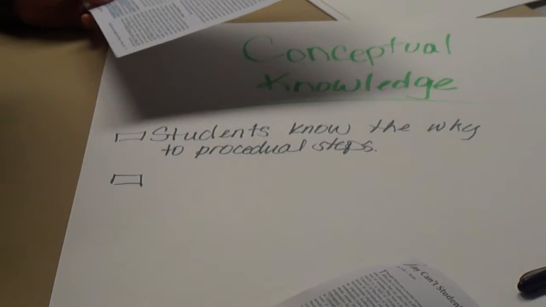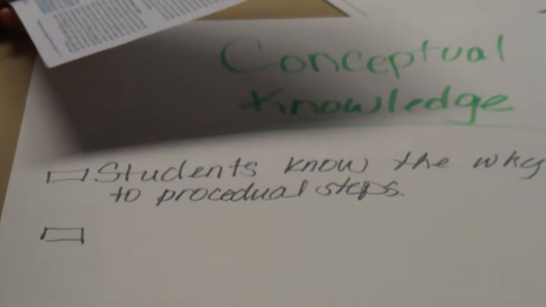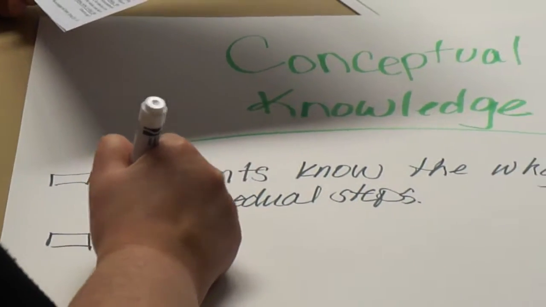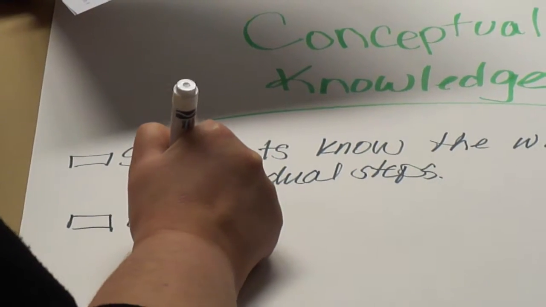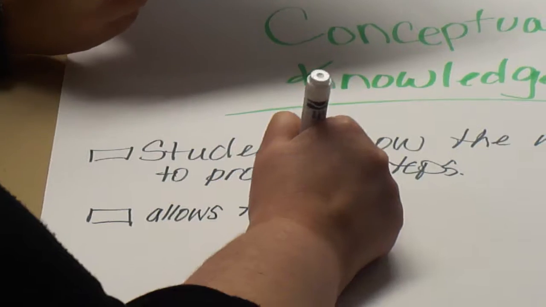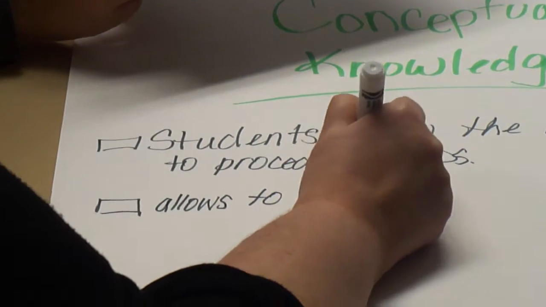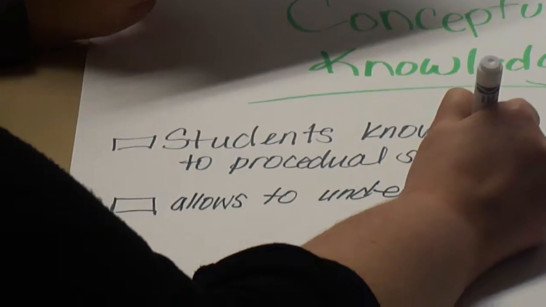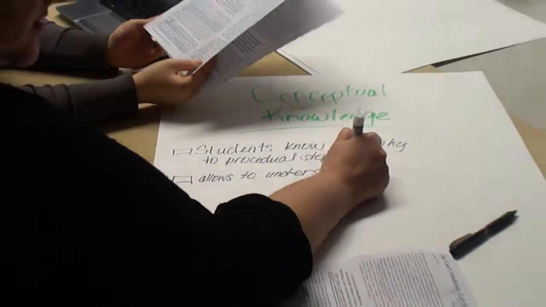That allows one to understand why the procedure is appropriate for a task, so allows students to understand which tasks are appropriate. What do you think, Raph? Can you think of an example of what procedural knowledge is? Yes. Dividing fractions, invert and multiply.